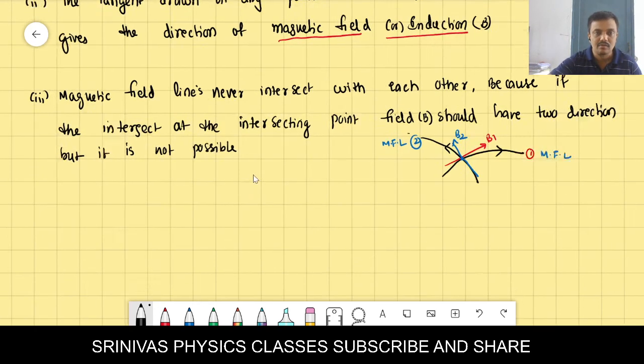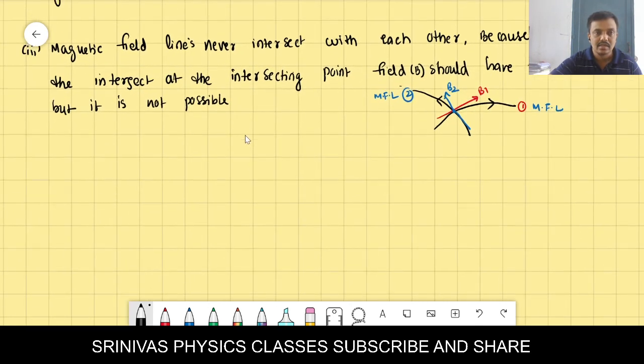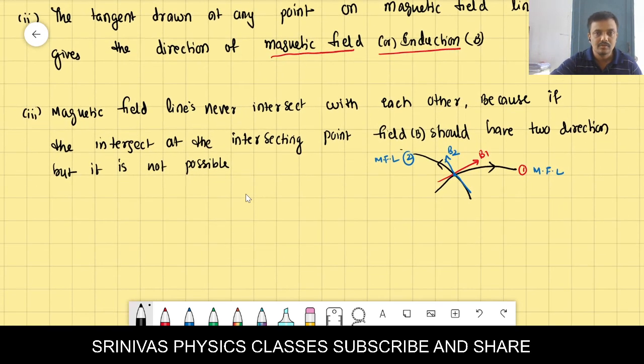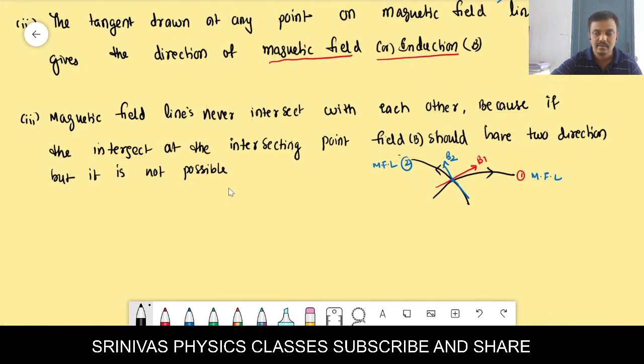Next one is the last property, that is the fourth property. If the field lines are crowded, then at that point the field strength is more. Based on the number of field lines, we can say the strength of the magnetic field.